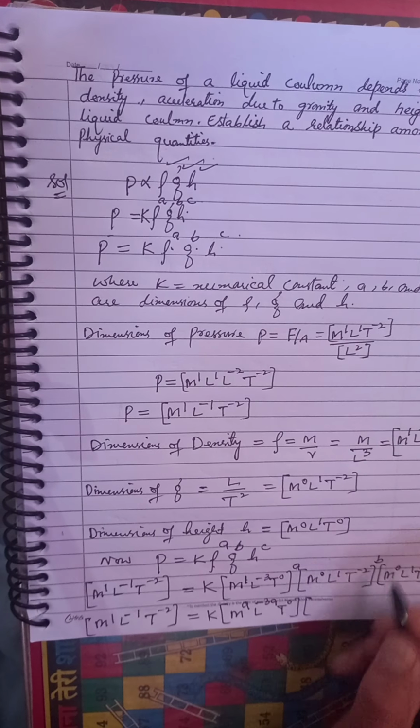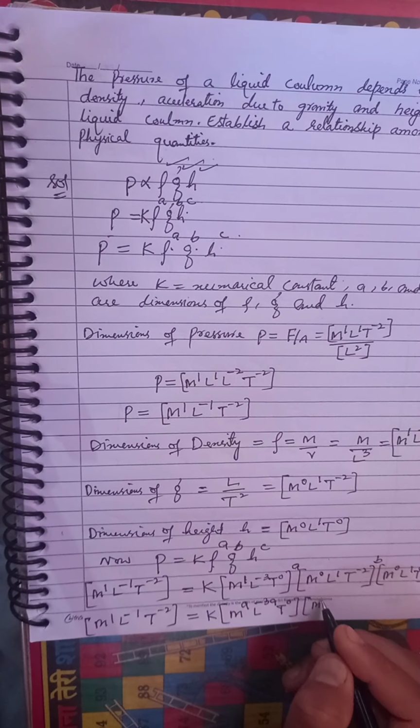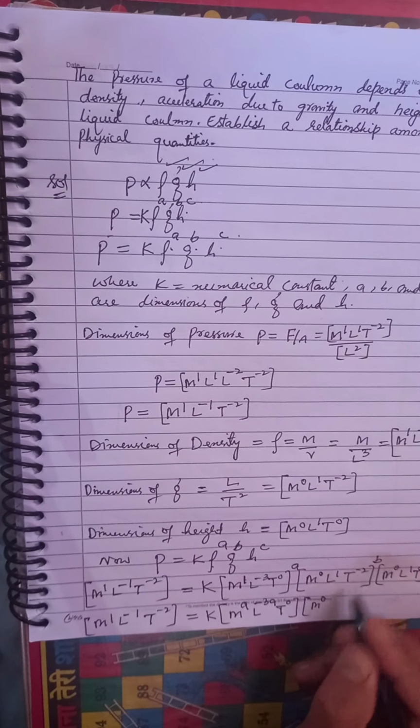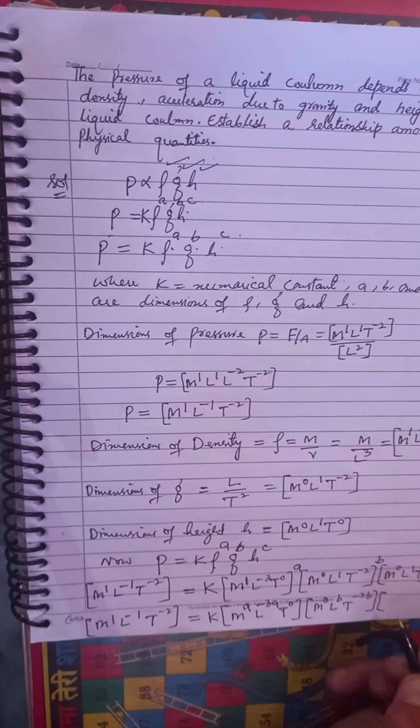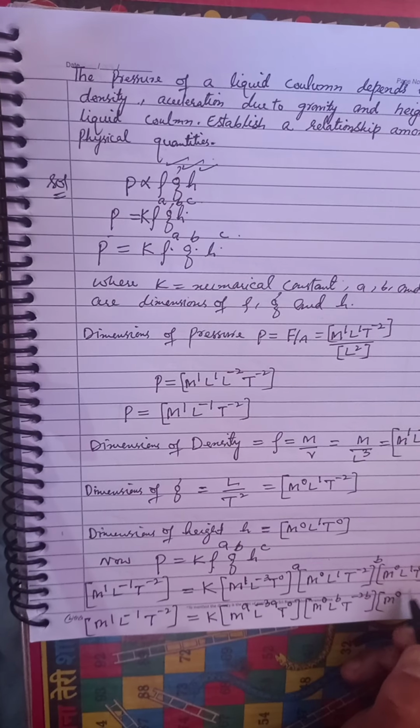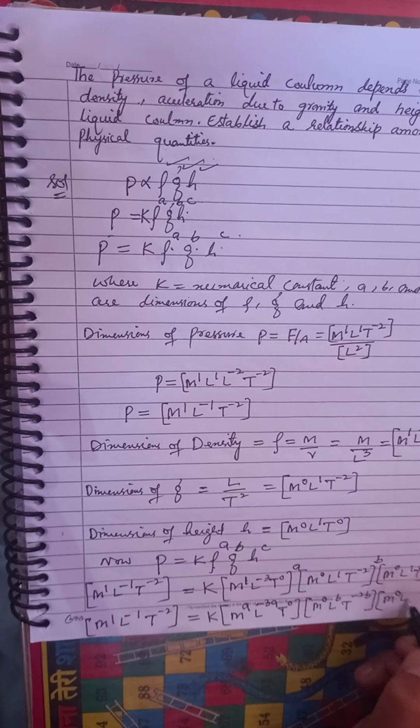Then we have b: M raised to power 0 into b, L raised to power b and T raised to power minus 2b. Then this will be M raised to power 0, L raised to power c, T raised to power 0.